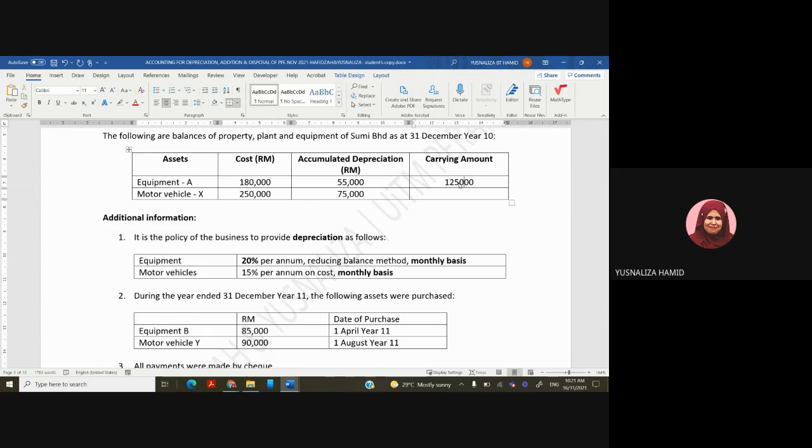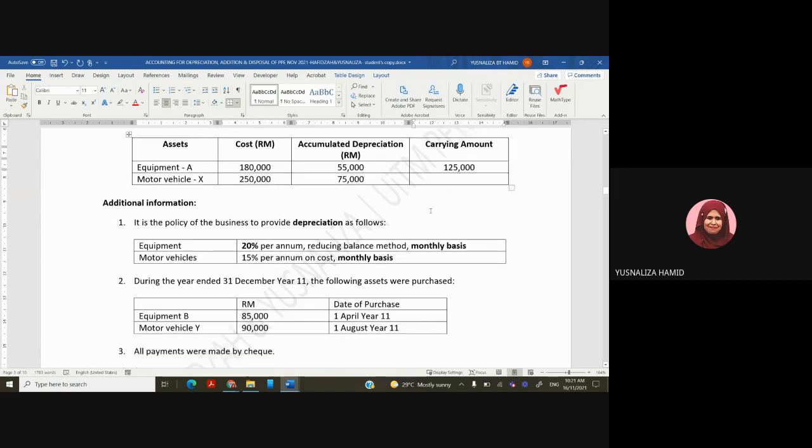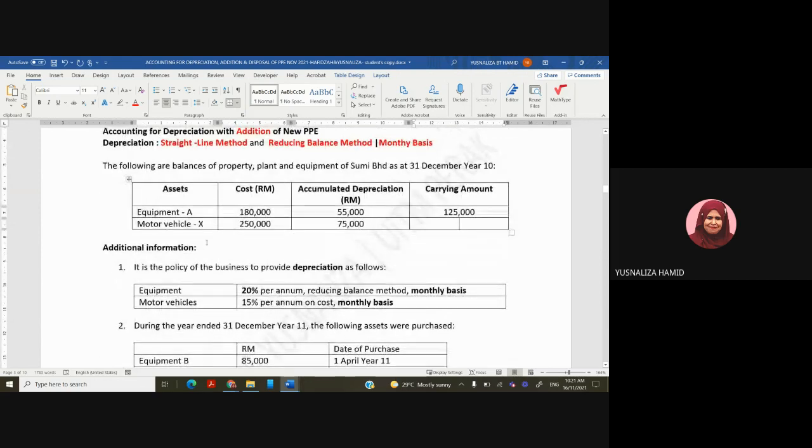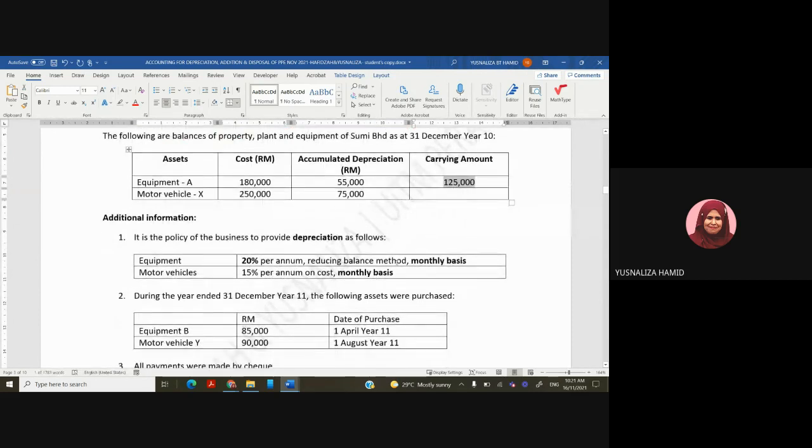So that is the carrying amount for the equipment. For the motor vehicle, you calculate for me, how much is it? Can you do it? But I am not going to concern so much about the motor vehicle because I am concerned about equipment A, since that is using the reducing balance method.